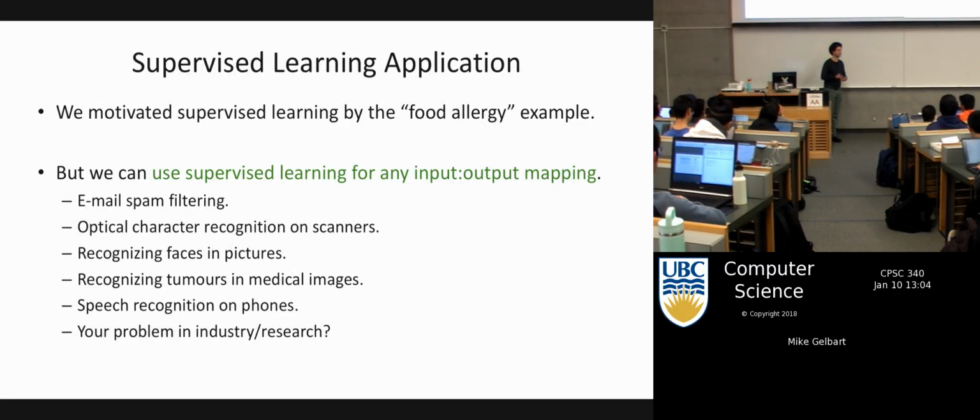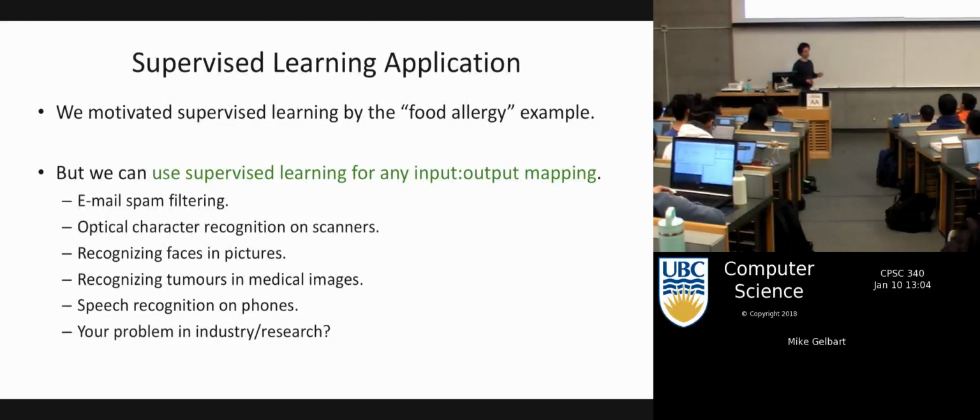supervised learning with the food allergy example, but the whole paradigm that we talked about last time can be applied to so many situations where you have these input-output pairs. So for example, spam filtering. When you mark something as spam, that is now a yi for the spam filter because it knows something has been marked as spam. If you reply to it, it's probably not spam, so maybe that's another label.